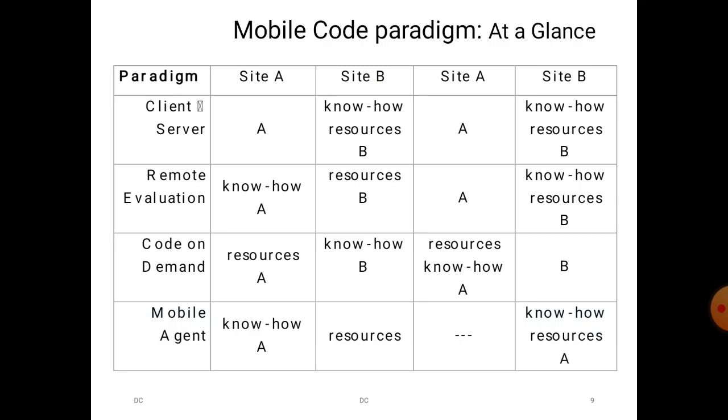In case of remote evaluation, A knows how to do, B has the resource. In case of code on demand, A has the resource, B knows how to do. In case of mobile agent, A knows how to do and also has the resources. So it migrates the entire thing and goes to B to get the work done.